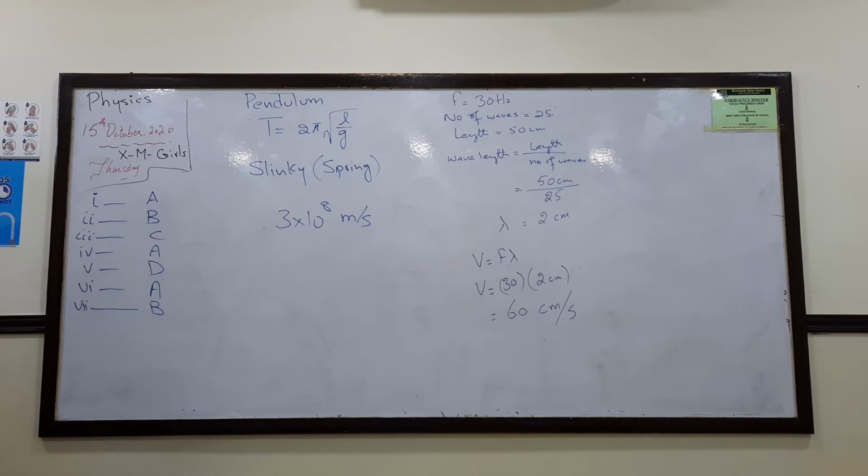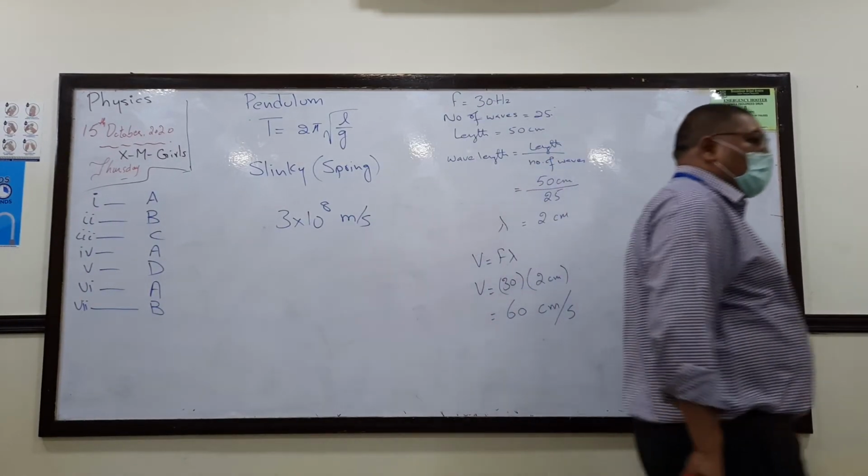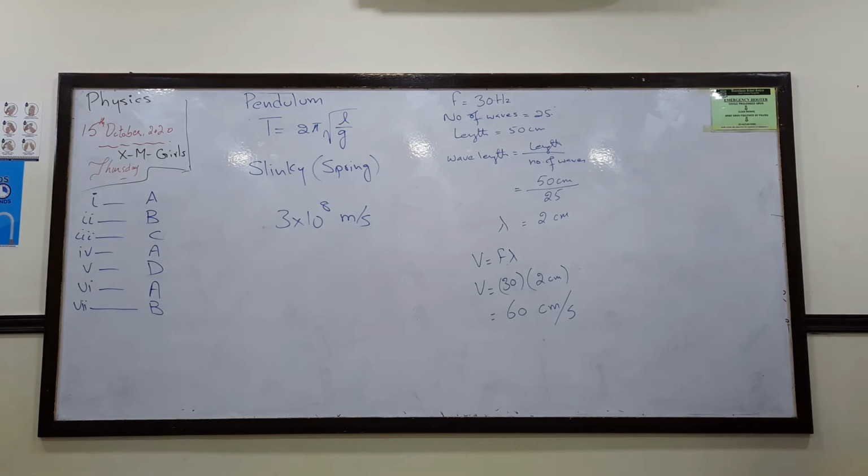Okay, next one. Which of the following characteristics of a wave is independent of the others? A, speed. B, frequency. C, amplitude. D, wavelength. The formula I just wrote, V = f λ, shows they all depend on each other.